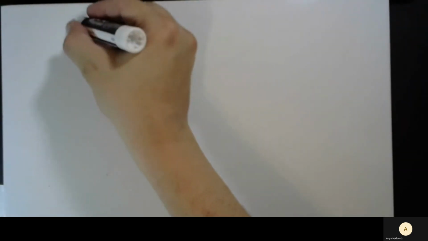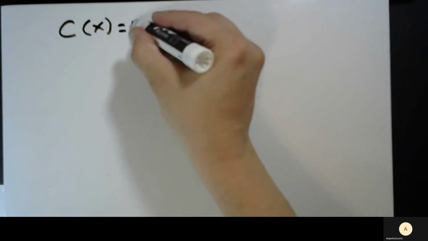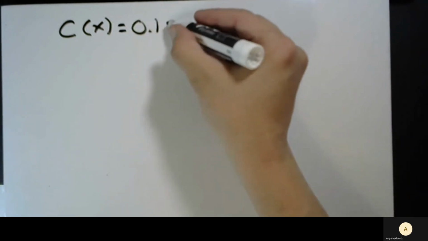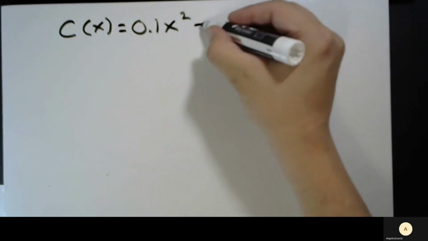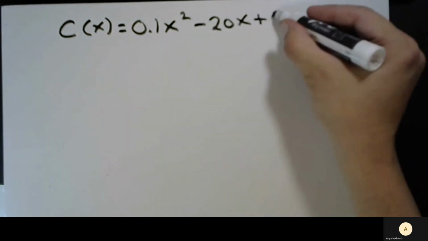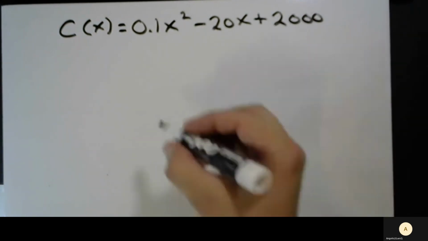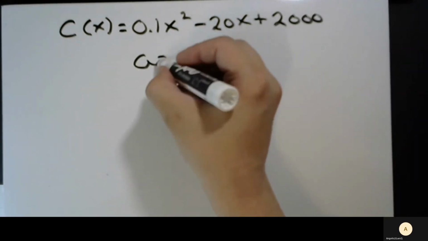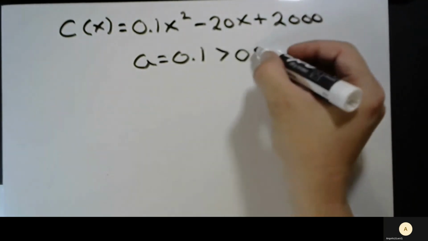So for this, if we take a look at this cost function, our a is 0.1, which is greater than 0.